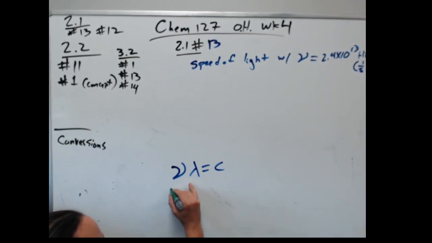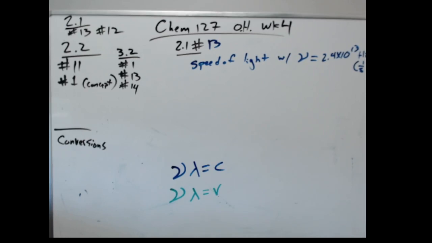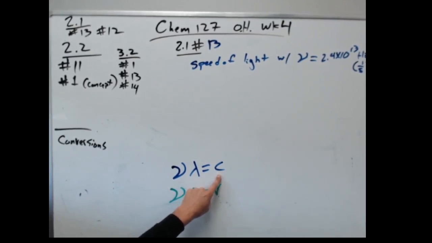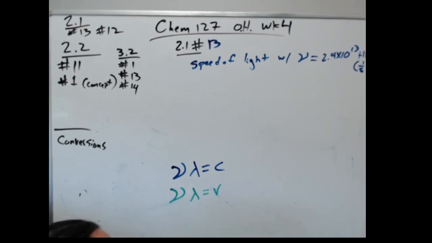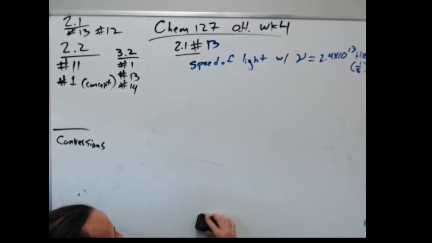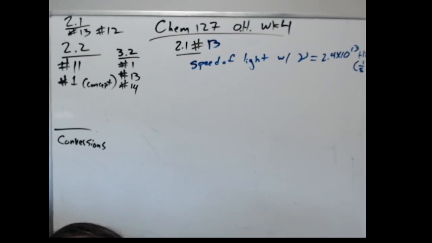Most waves have nu lambda equals v, so your velocity depends on your wavelength and your frequency. You can have different velocities for sound waves and water waves. For light, that's a constant, so it doesn't matter what the frequency is. It's still 2.99 times 10 to the 8. That's one of those really weird things with light that makes light different than other waves.